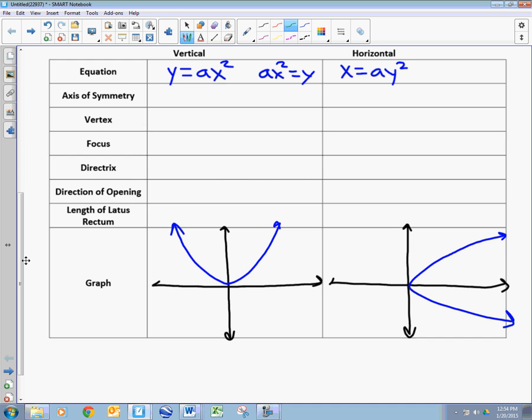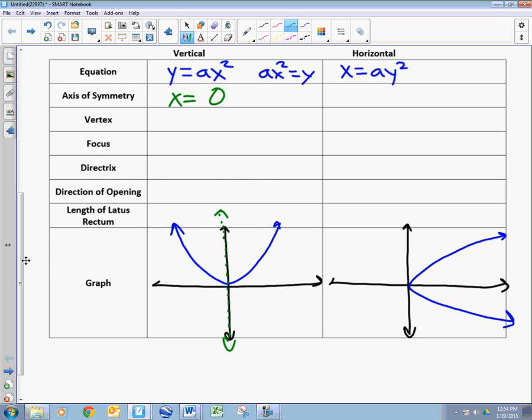Now, the axis of symmetry divides the parabola in half. What kind of line divides this first parabola in half, vertical or horizontal? Vertical. What kind of equation is that, x equals or y equals? X equals, and it passes through 0. So x equals 0 is the axis of symmetry for the vertical parabola.